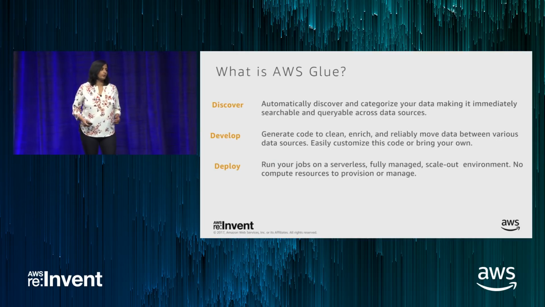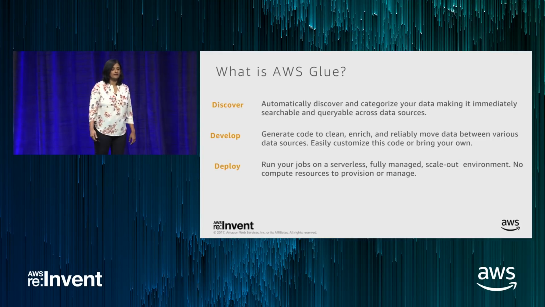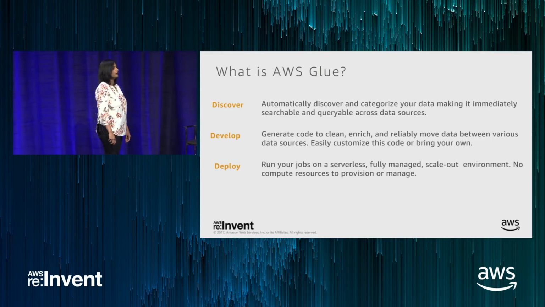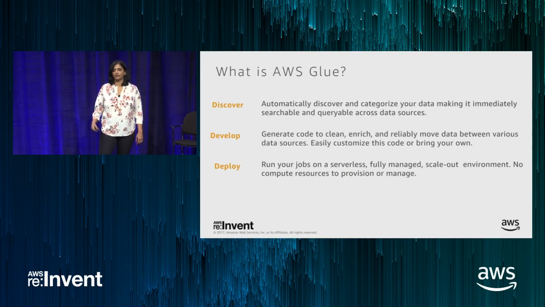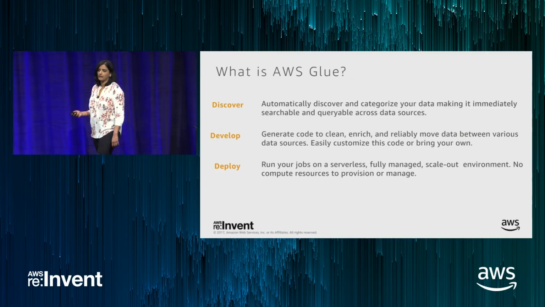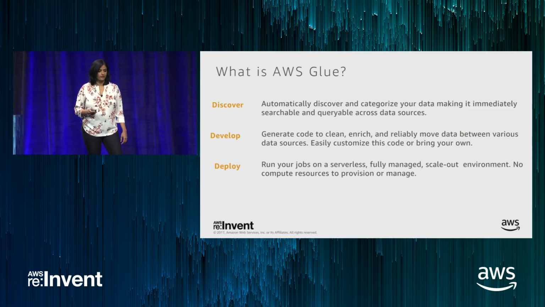The code that Glue provides is customizable, and you can also bring in your own code. And then once your code is ready, Glue provides a serverless execution environment for you to run this code and put the necessary orchestration features in place to schedule this and trigger this on dependent conditions.